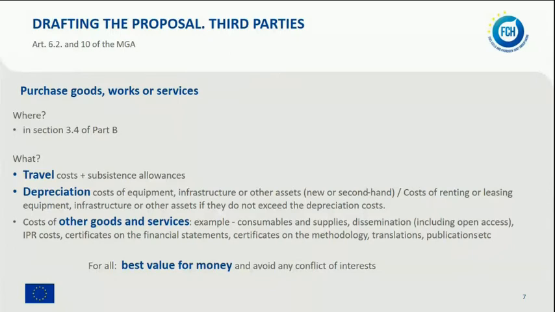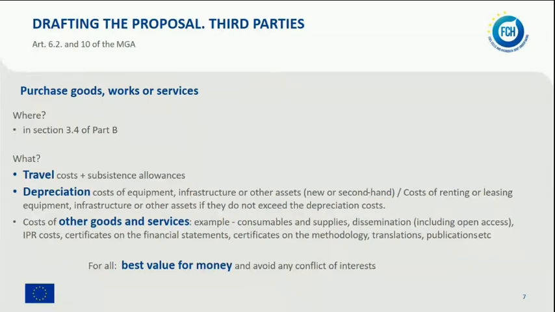For example, if you have costs related to IPR, consumables, supplies, dissemination, open access, because open access to publication is mandatory, and open access to research data is the default option from which you can, of course, opt out provided you have sufficient justification.